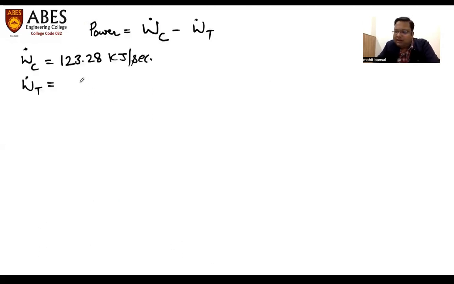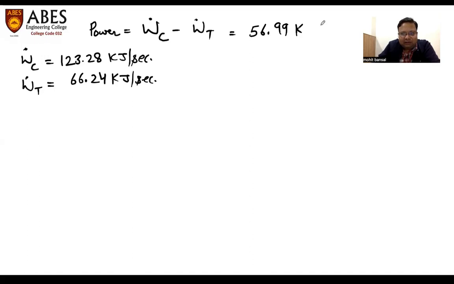So the work of the turbine comes out to be 66.24 kilojoule per second, and the net power which is required to drive the compressor comes out to be 56.99 kilowatt. So that will be our answer to the second question. Power required for the compressor to drive this unit comes out to be 56.99 kilowatt.